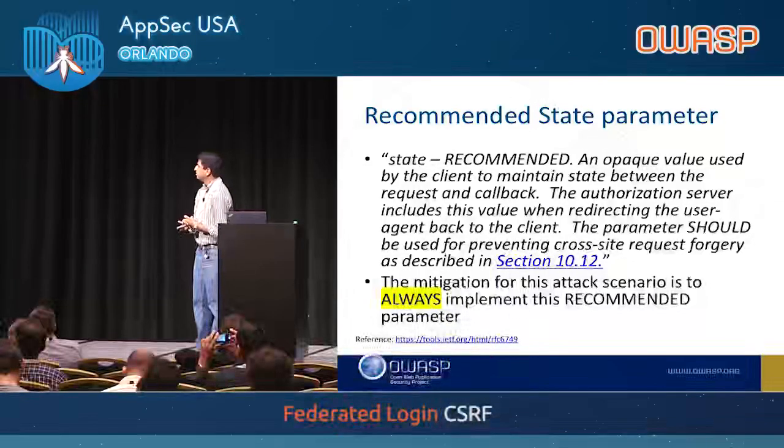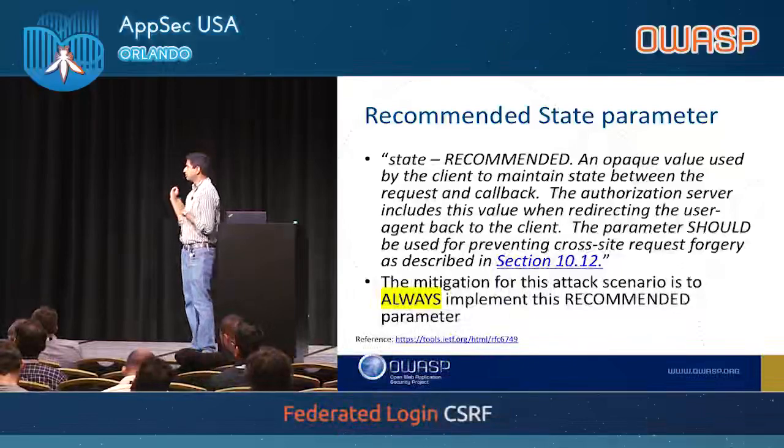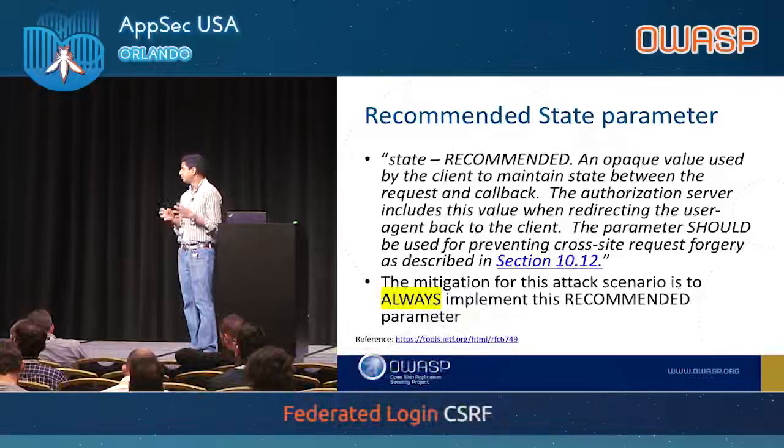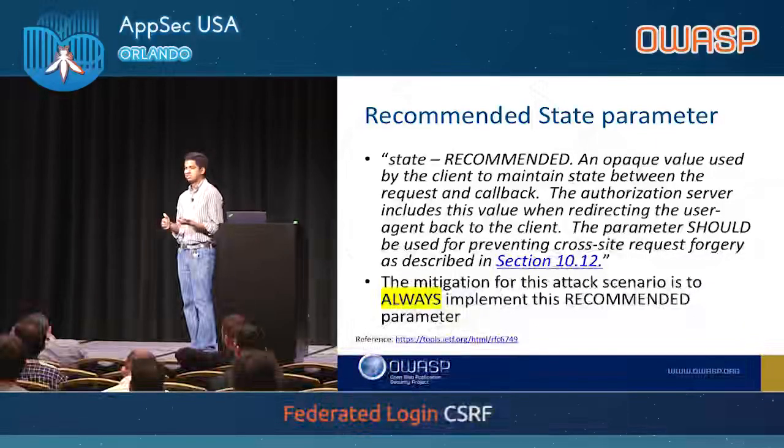The thing to note here is that it is a recommended parameter and not a required parameter according to the spec. But if you have to prevent CSRF attacks, you have to use this always. As a developer, you should always do this. And if you're assessing any code from any OAuth implementation, you should always check whether they are doing the state validation correctly.